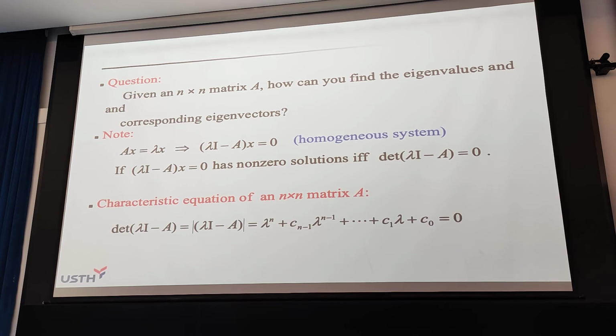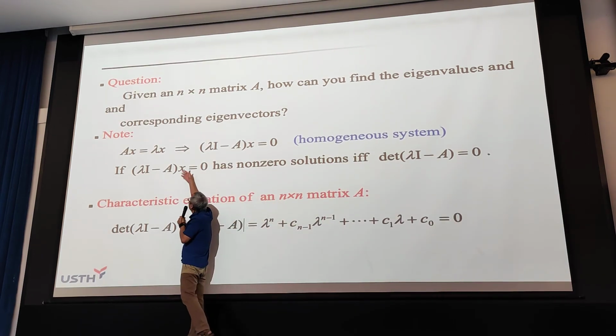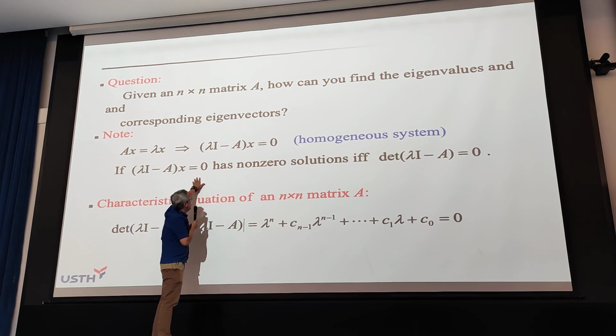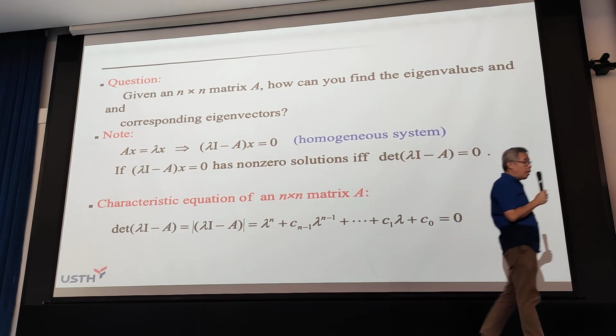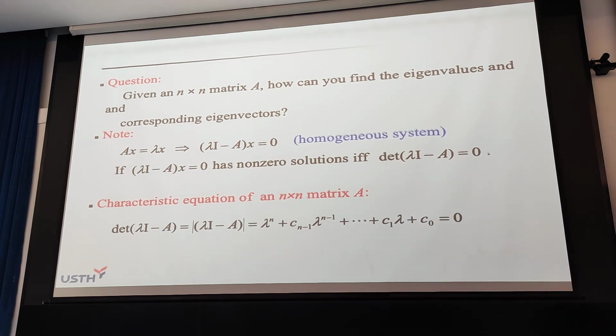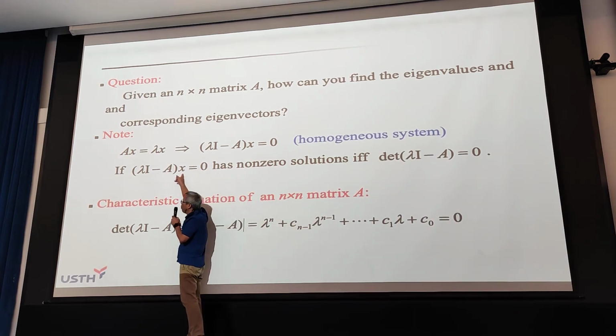So that is what we get. However, that one is a homogeneous system of linear equations. And in order to find x as a non-zero solution, it means that the homogeneous system of linear equations has a non-trivial solution. So eigenvector x must be non-zero.